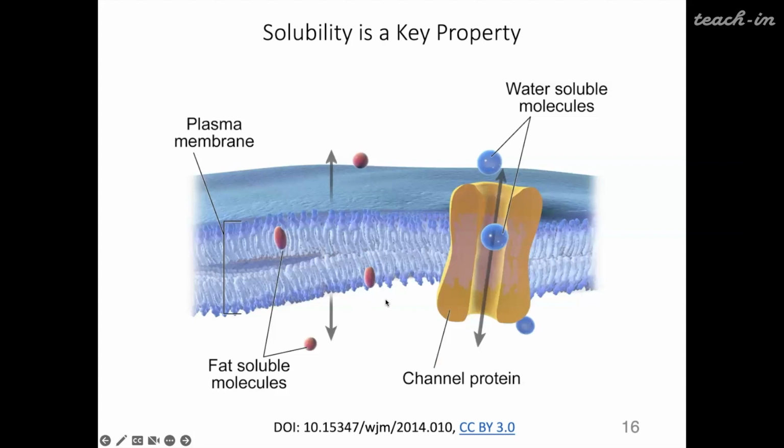On the other hand, if a given molecule is very hydrophilic, it may not necessarily penetrate the channel.